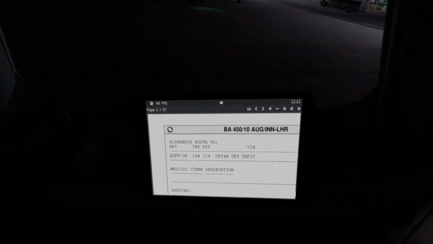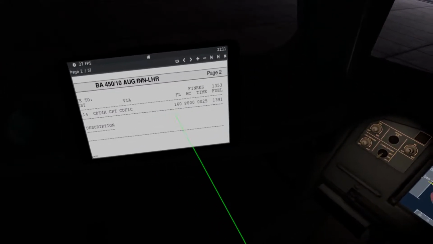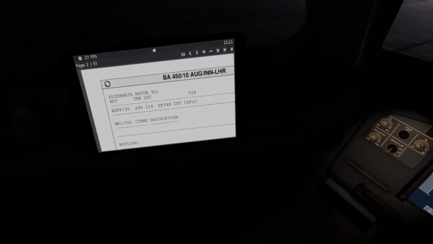So GFS. So this tells us the flight level 16,000 feet and time 25 minutes, and we're just gonna enter in the 30.